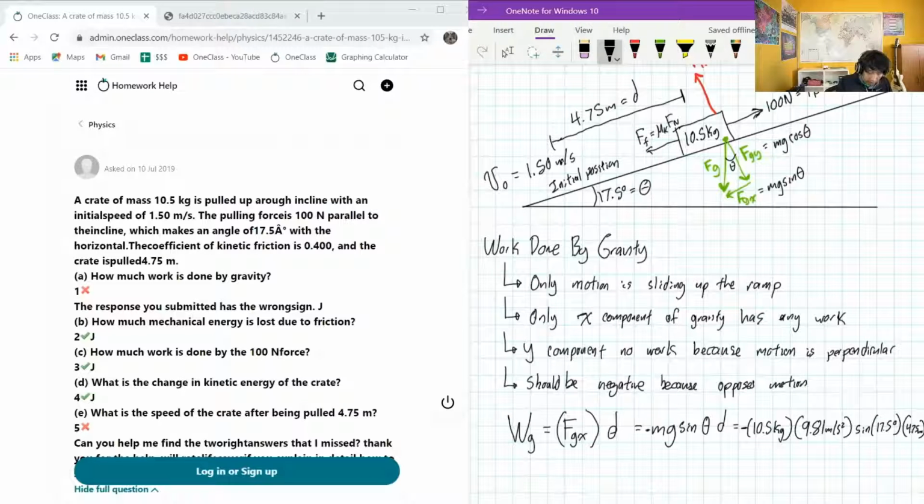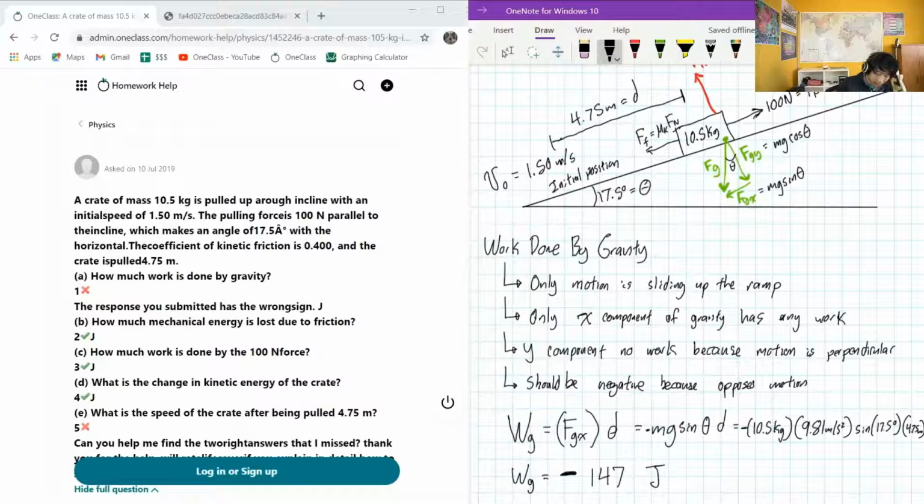So 10.5 times 9.81 times sine 17.5 degrees times 4.75. And my result for this is that the work done by gravity is going to be negative, don't forget the negative, 147 joules.